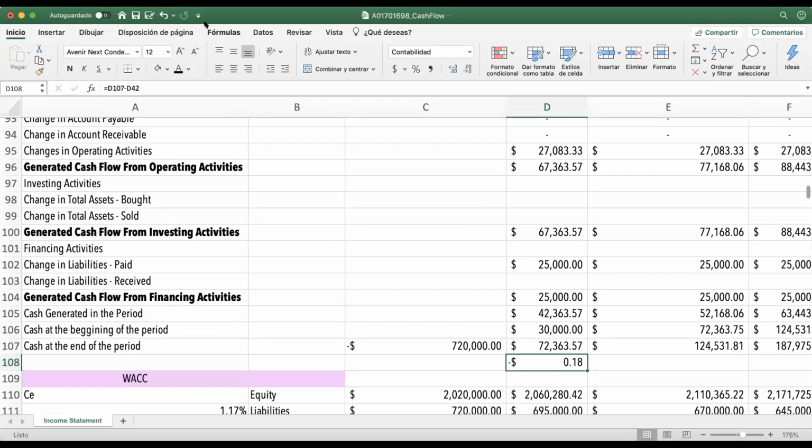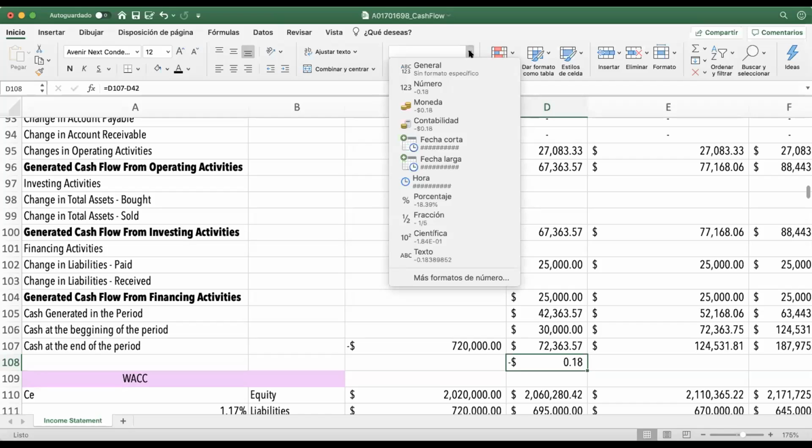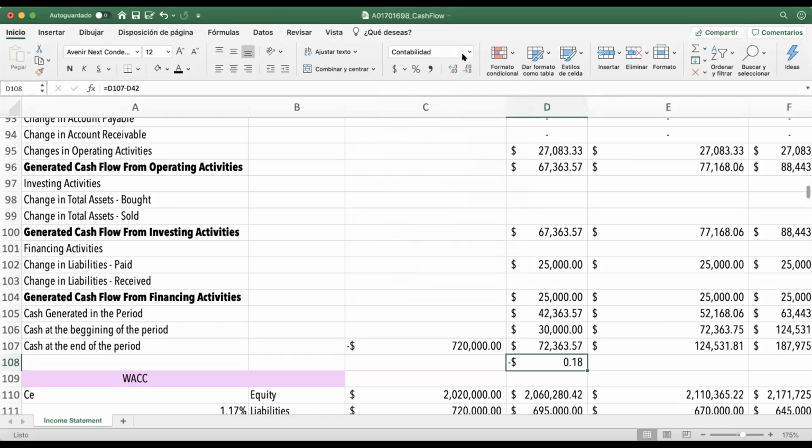Do you see it? Insertar, dibujar, fórmulas. Go a little bit more to the right, down. Contabilidad, there. Now wait, go down. Don't click there. You just go down, and then you see those little zeros. Now hit that one. I'm sorry. Hit the other one. There.